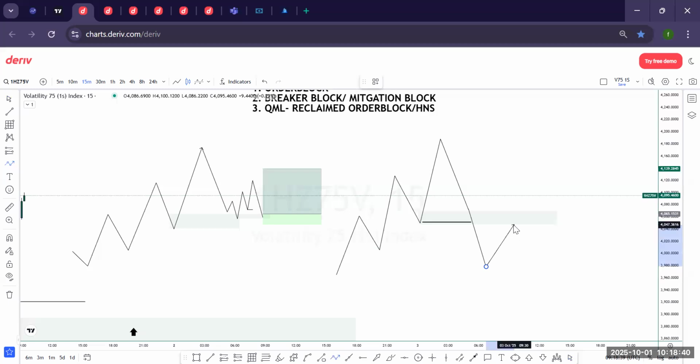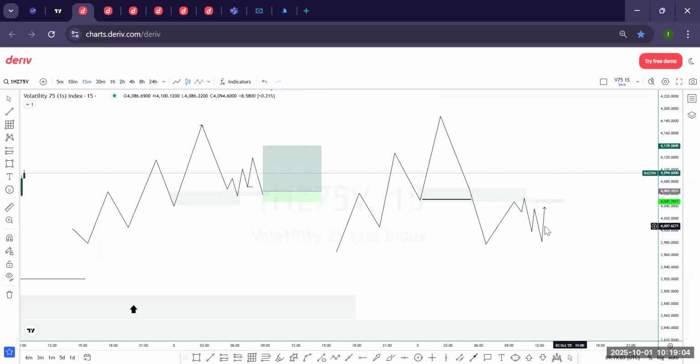All you need to do is wait for price to give you confirmation entry, and you confidently take your trade. If I see this, I'm going in.